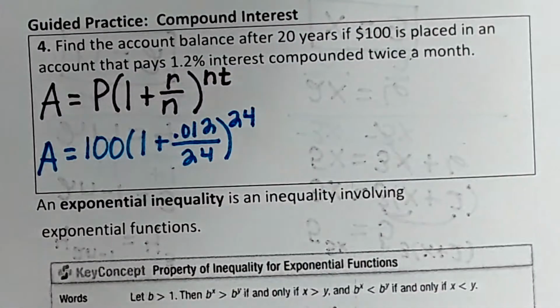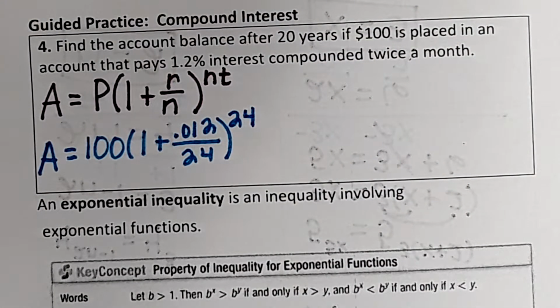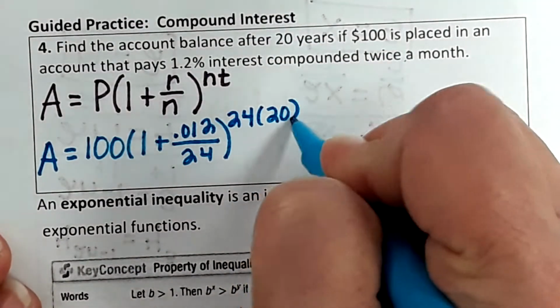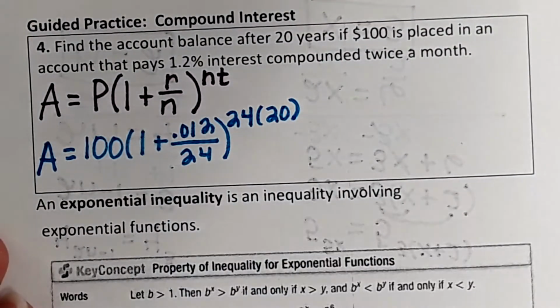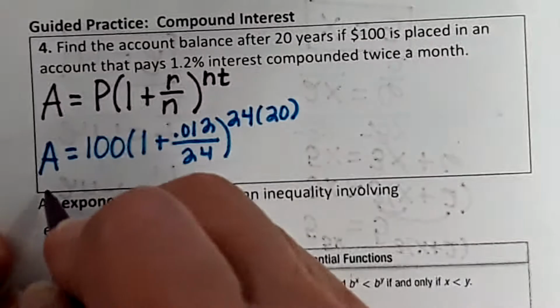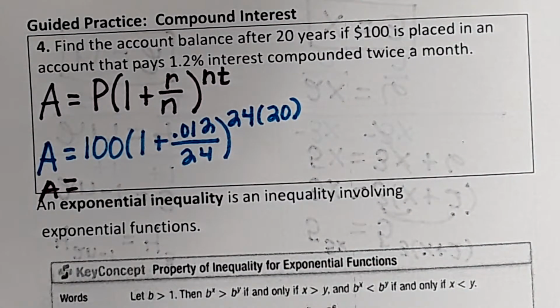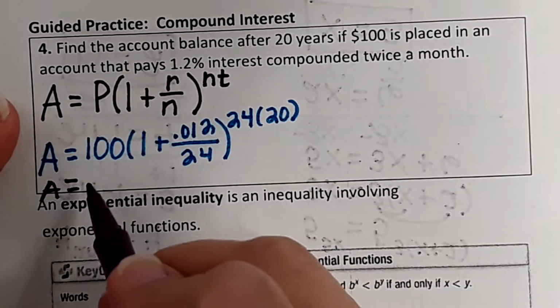And then T is the life of the loan, or the life of, like in 20 years, we're going to look at this account. So I just gave you the answer. So T is 20. Now, before you go put this all into your calculator, don't do that. You're going to bring down the 100.